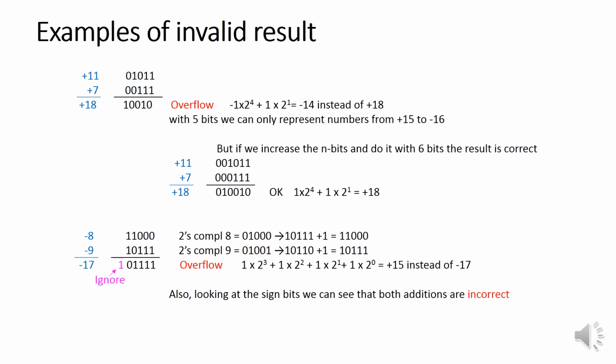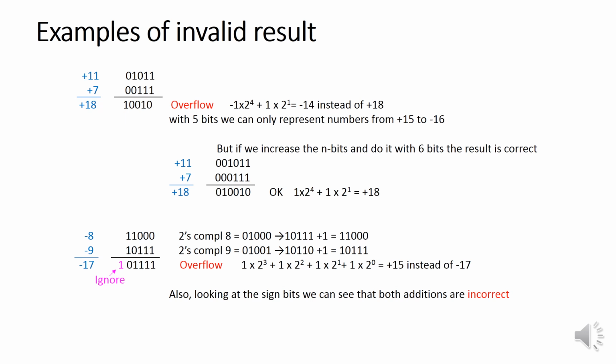Looking at the most significant bit of the result, we can quickly realize that the addition is incorrect because we are adding two positive numbers. Therefore, the result has to be positive. So the sign bit of the sum should be 0, which is not.